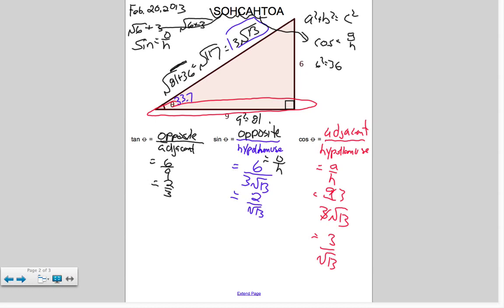And finally, TOA is tan is opposite over adjacent. So that's where we got SOHCAHTOA from, just to help you remember those ratios. Okay? Any questions?